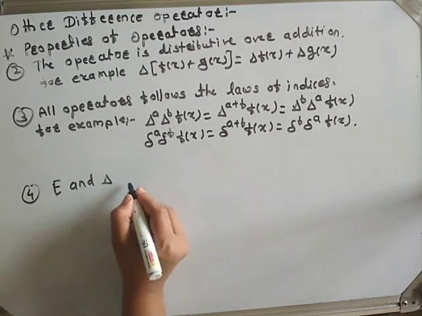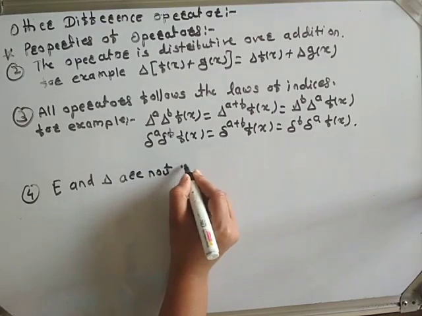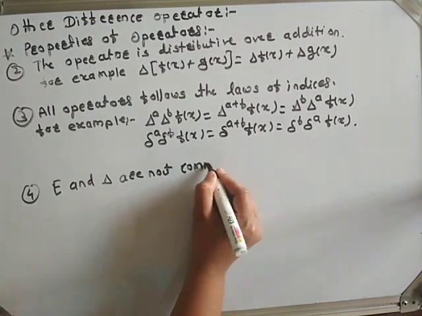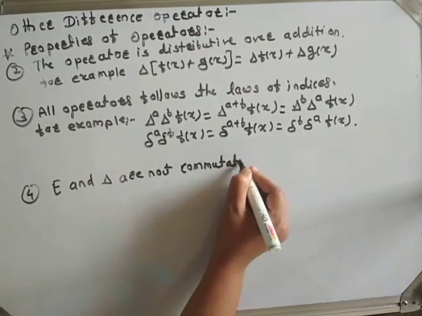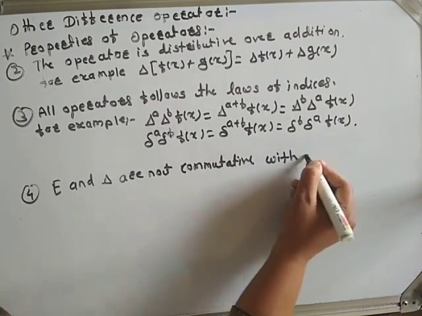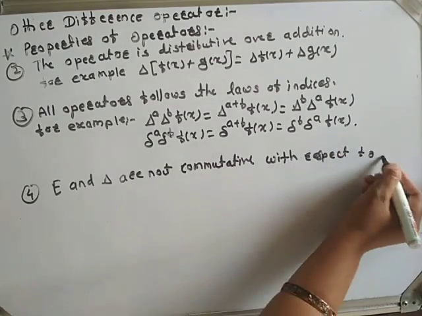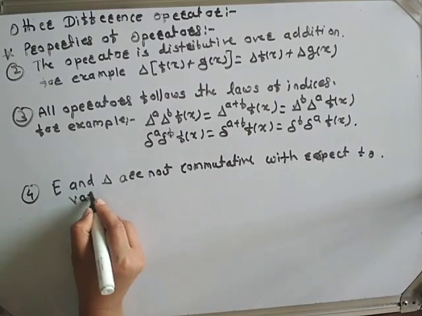Fourth property is E and delta are not commutative with respect to variables.